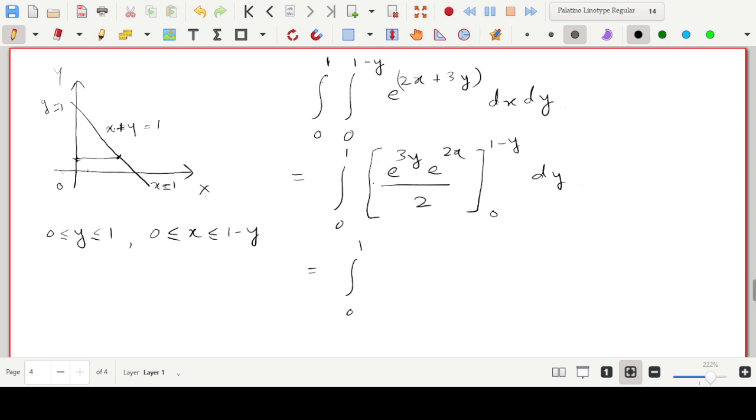So e to the power 3y, e to the power 2 times 1 minus y, divided by 2, minus e to the power 3y multiplied by 1 over 2.